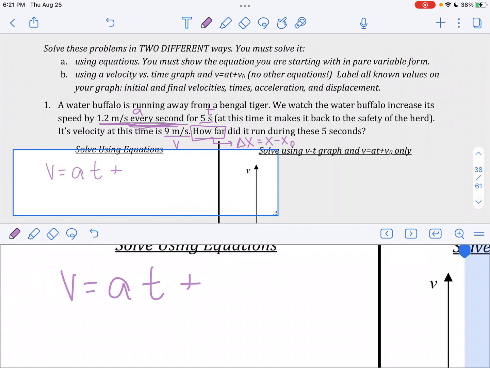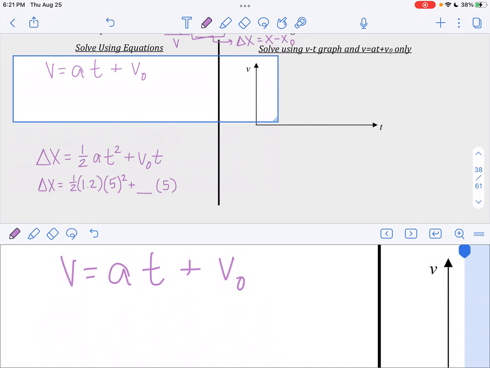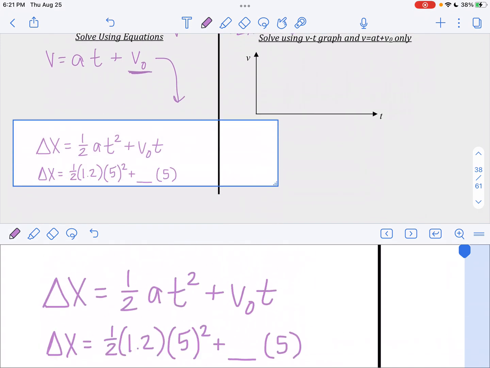And it's okay if I start to use this delta x one and figure out I need to solve for initial velocity first. That's very normal, and that's a typical part of physics problem solving. So I'm going to use this equation to solve for initial velocity so I can plug it into this equation.